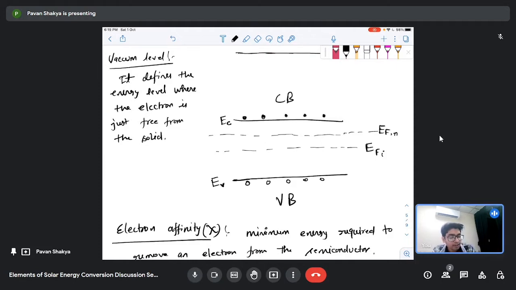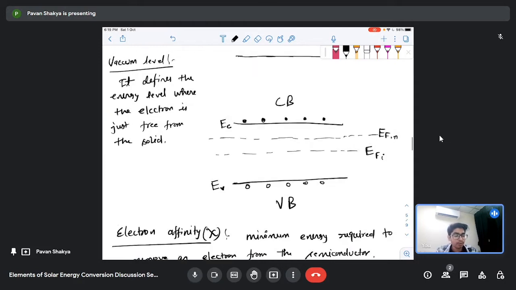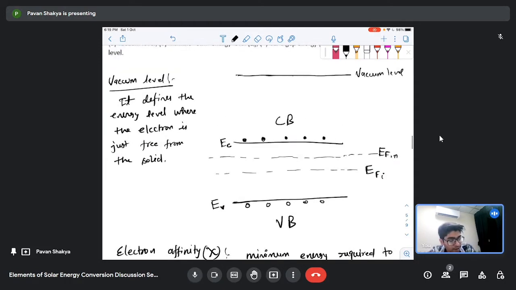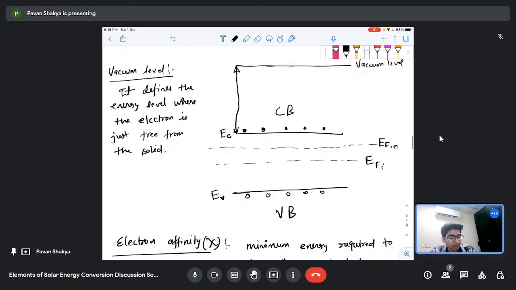So the minimum energy means that you can remove the electron from the conduction band. So the electron affinity is defined as the minimum energy that is required to remove the electron from the semiconductor, and it is denoted by the symbol chi.